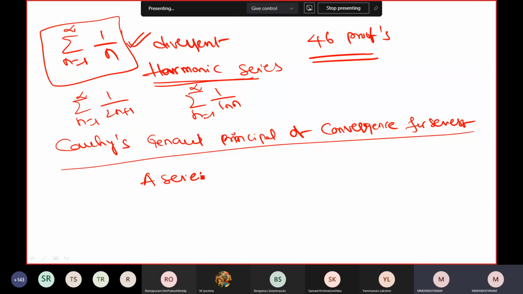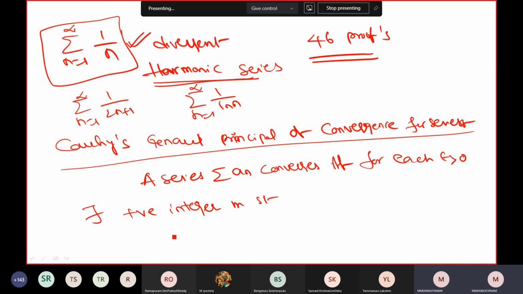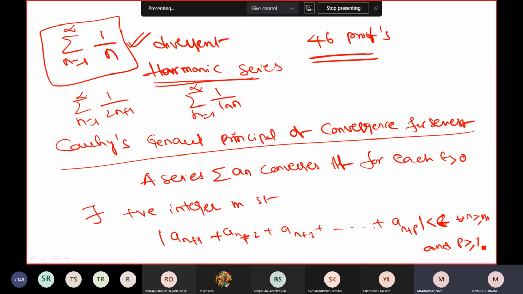A series summation an converges if and only if for each epsilon greater than 0, there exists a positive integer m, such that mod of an plus 1 plus an plus 2 plus an plus 3 and so on plus an plus p is less than epsilon for all n greater than or equal to m, and p greater than or equal to 1, okay.